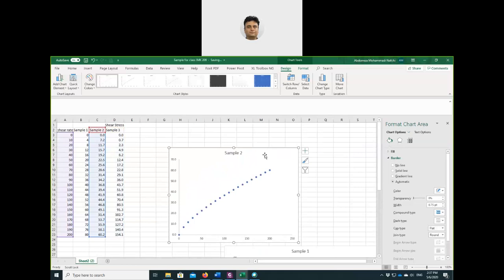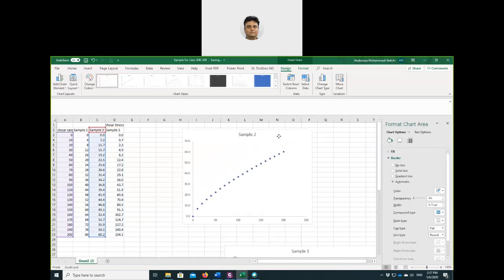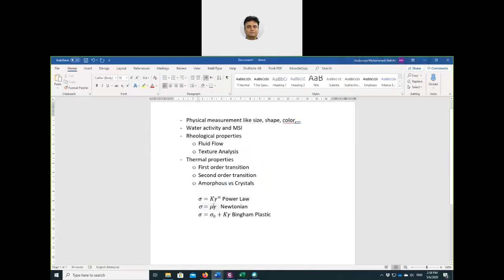I want to calculate k and n. K is the consistency coefficient and n is the viscosity index.